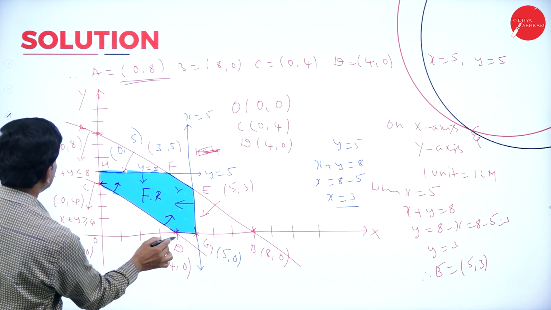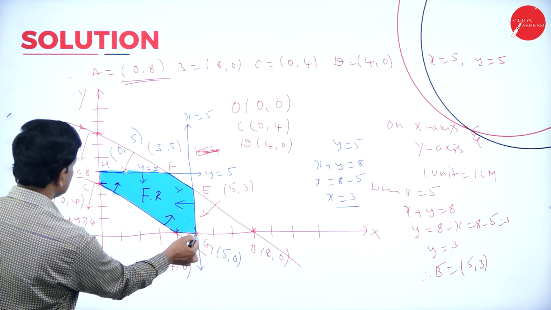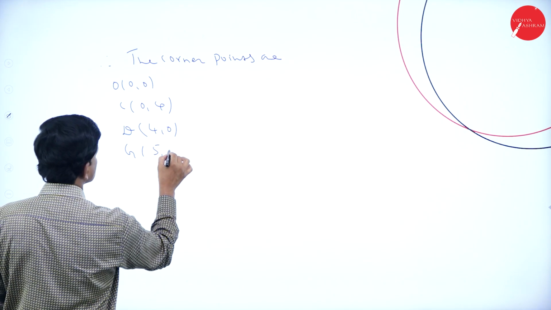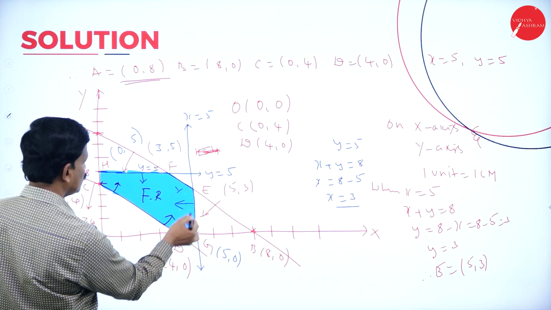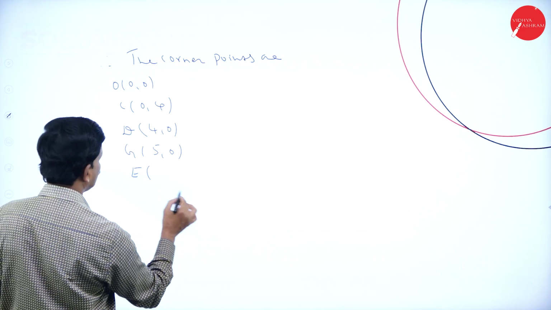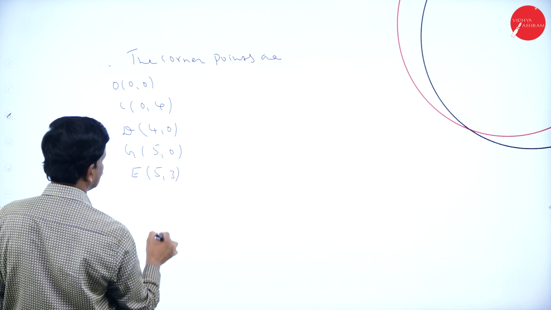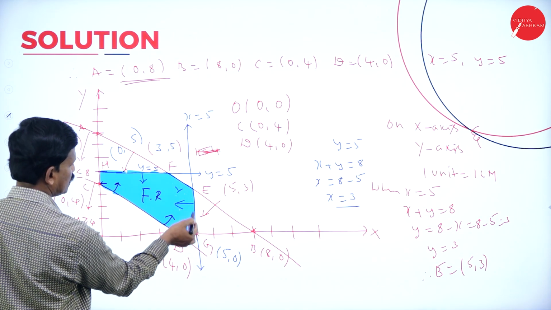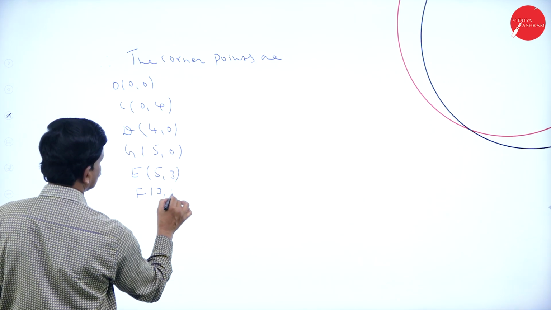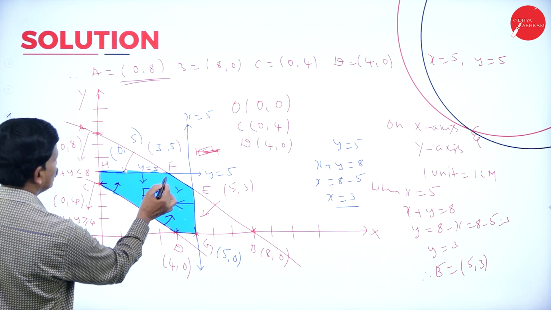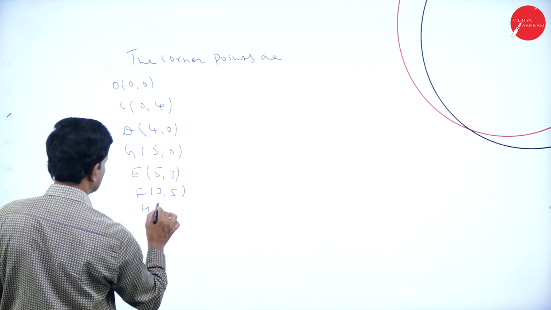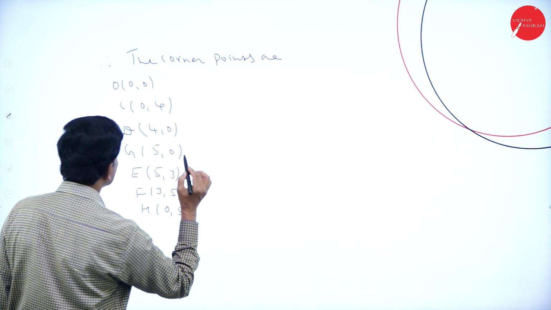Again G. G is (5, 0). Then E. What is E? (5, 3). Then after E, we'll get F. F is (3, 5). Then again, what is the last point? H (0, 5). These are the corner points.